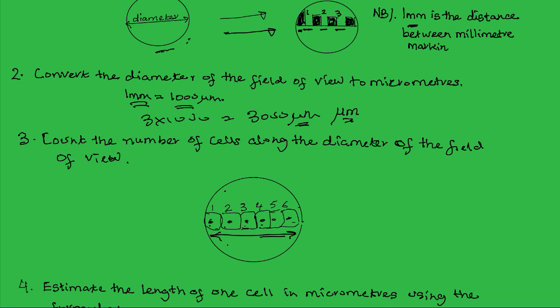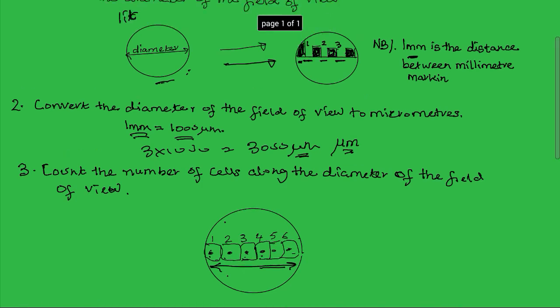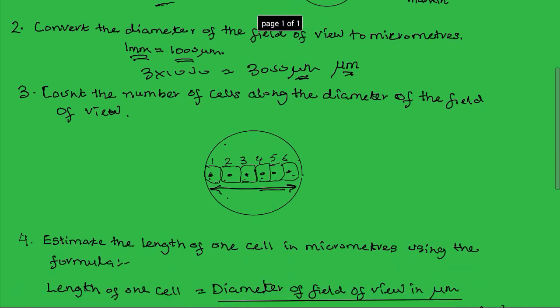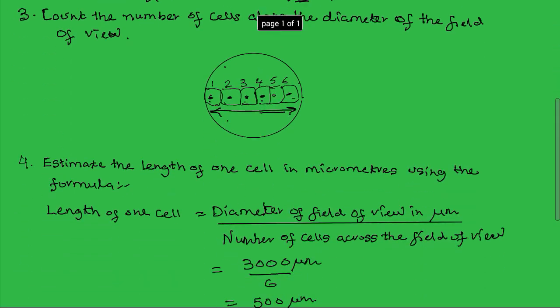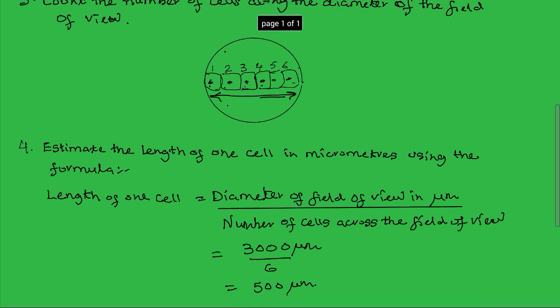So we have 6 cells covering the entire diameter of the field of view, which has a dimension of 3000 micrometers. So the next step is calculating, or estimating, the length of an individual cell using the formula.